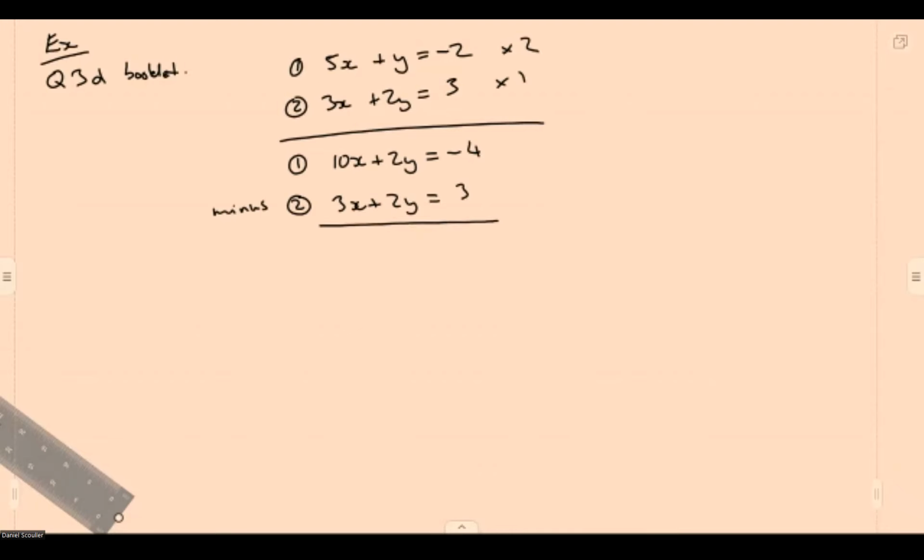Okay, we're gonna subtract them. That's gonna give me 7x. It's gonna give me -7. Okay, I'm gonna get x equals -1. I'm gonna substitute that into, doesn't matter, so I'll substitute it into 2 just for argument's sake.